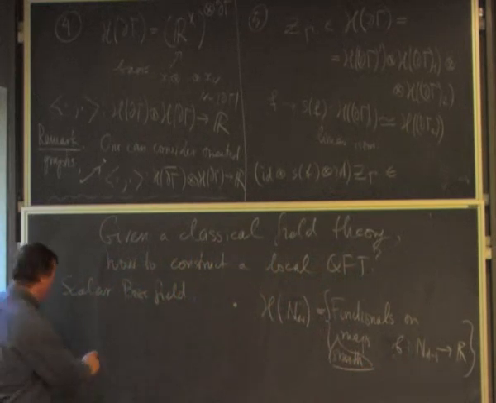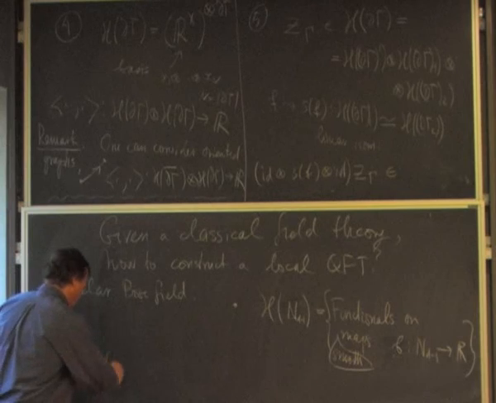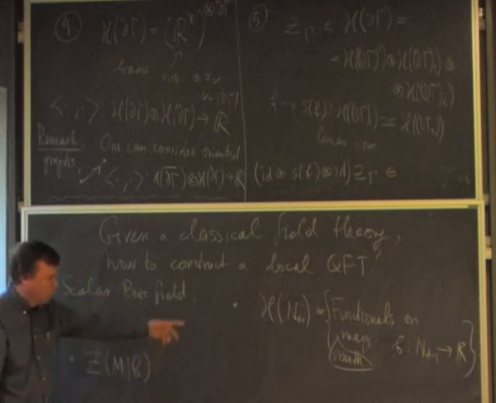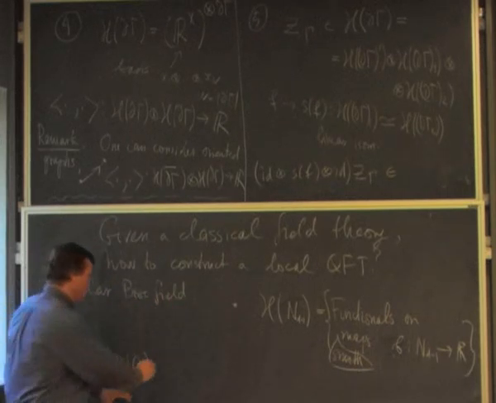And then let's define the vector Z_M. It's a functional on this space.